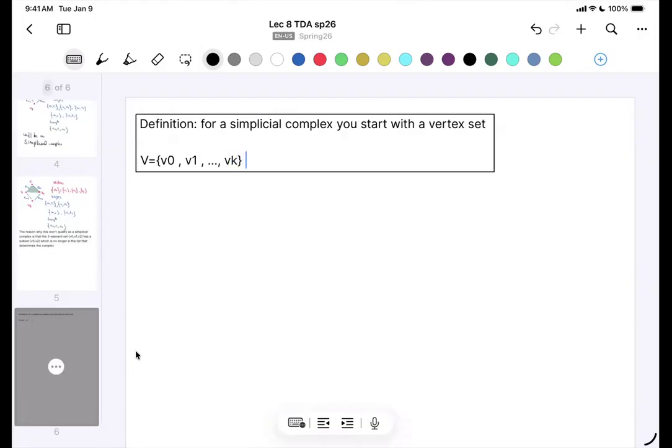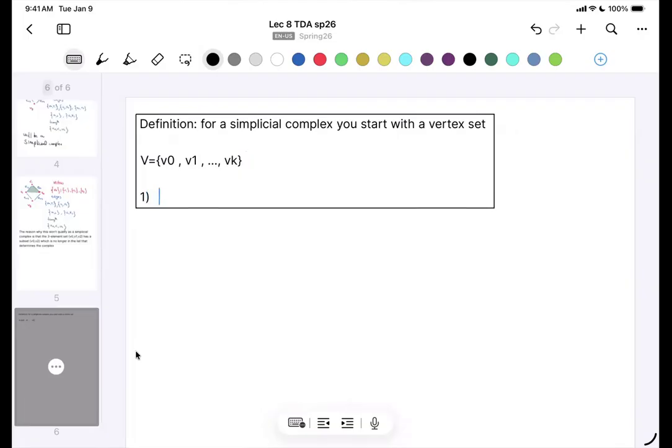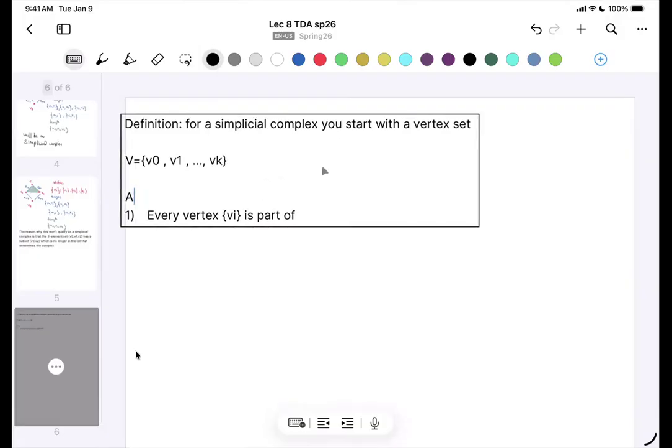I won't call it VK because I don't want you to think that it's necessarily of the highest dimension possible. So the conditions for a simplicial complex are the following. Every vertex V sub I is part of the simplicial complex. A simplicial complex is just a list of subsets of this vertex set.